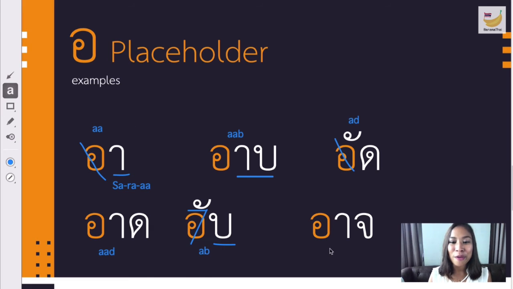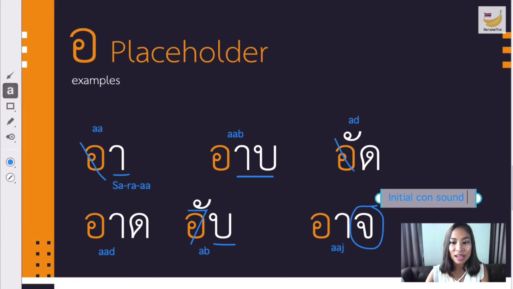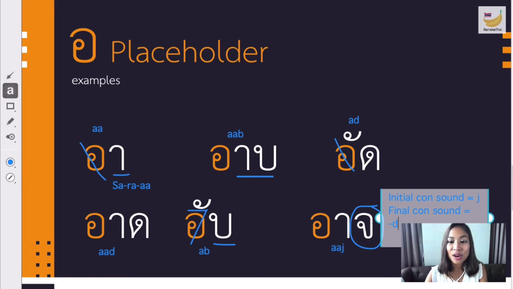I know many of you might pronounce it as aj like this, however you have to know that when จอจาน becomes an ending consonant, for the initial consonant the sound is j sound, right? But as a final consonant sound it is ดอเด็ก sound.